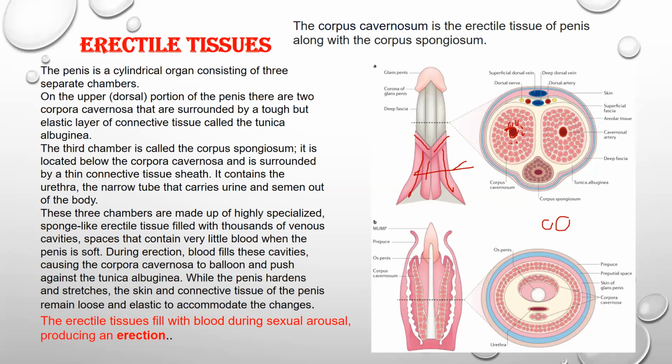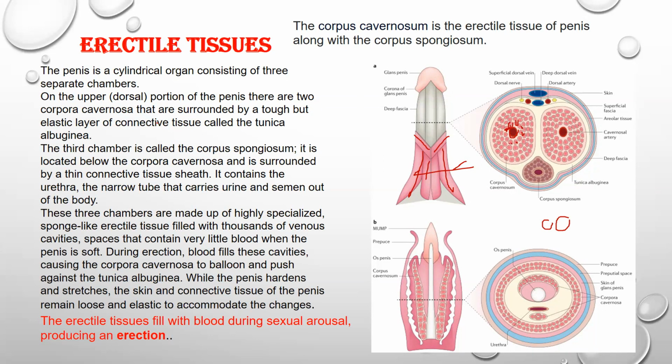Like, our body has subcutaneous tissue, epithelial cells, different types of tissues. So this area, the clitoris or the penile structure, they have erectile tissues. And they are filled with thousands of venous cavities, spaces that contain very little blood when the penis is soft. During erection, blood will fill these cavities, causing the corpus cavernosa to expand like a balloon and push against the tunica albuginea.